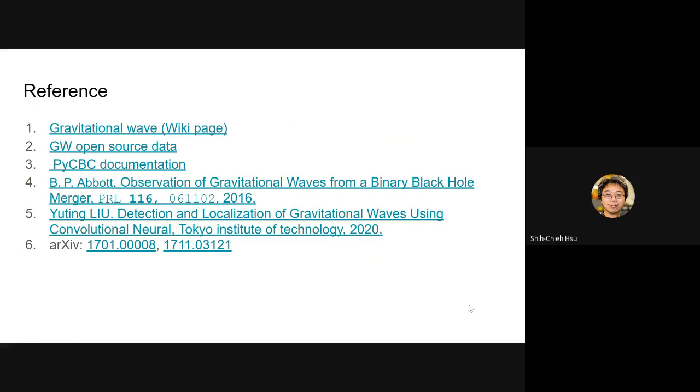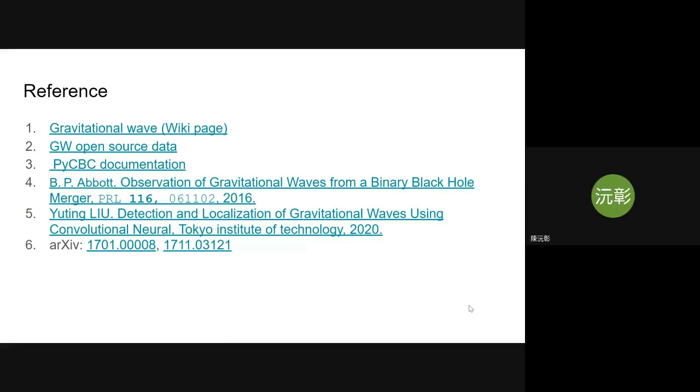Can you briefly comment on the difference between your gravitational wave project and the gravitational wave project from last week? I think the gravitational wave project last week focused on the core collapse supernova signal, and our project is focused on the signal from binary black hole mergers.